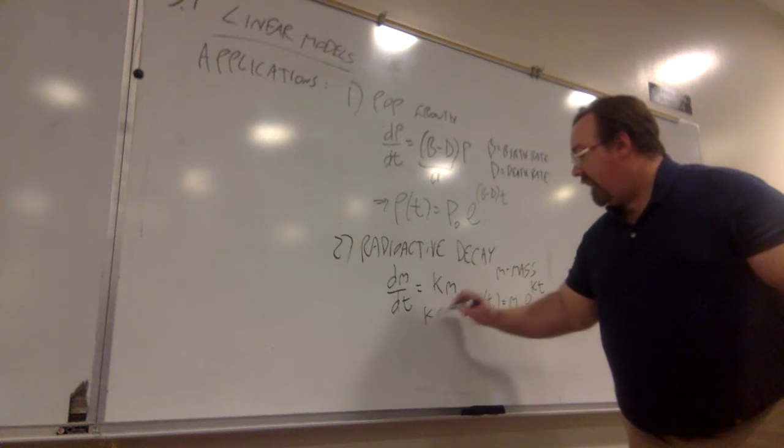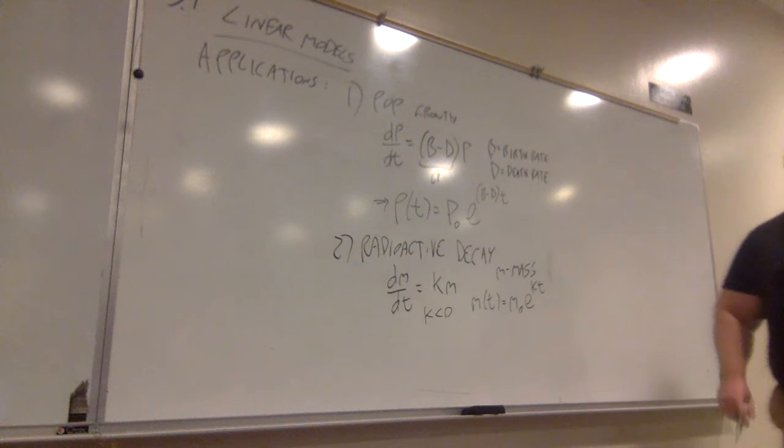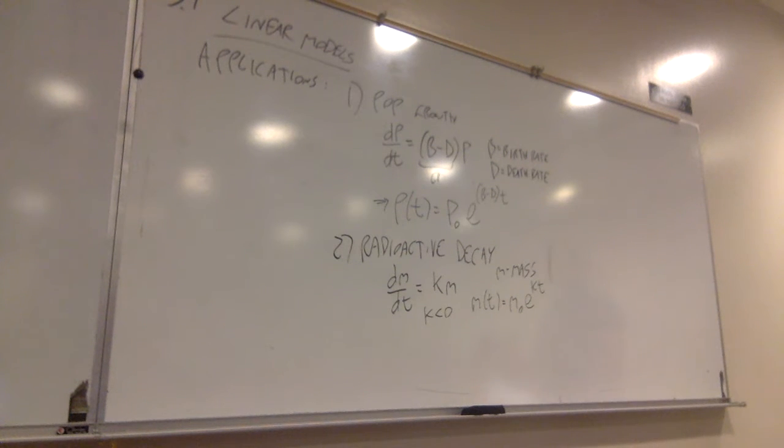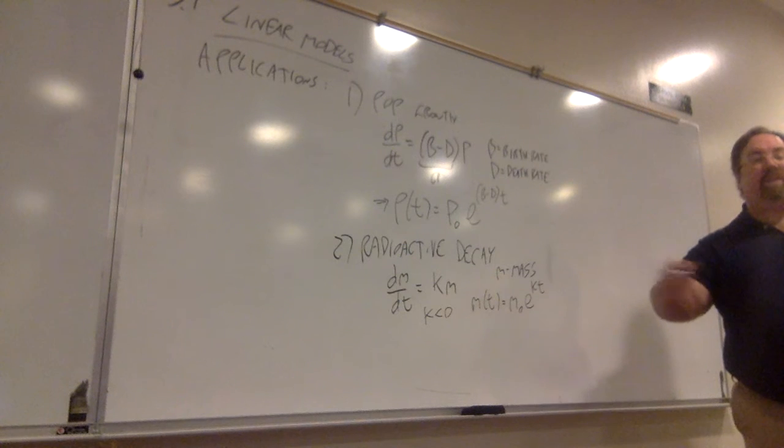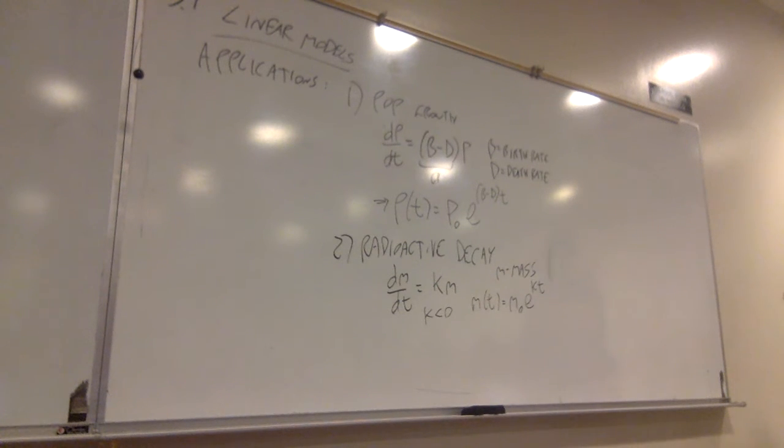So k is going to be negative, since the substance is going to be decaying, it's going to lose mass over time. I'll show one of the examples later: if you know the half-life of the substance, like a period of years, for instance, then we could use that to figure out what k is, get a value for it, and then from there figure out how much of the substance will be remaining at any time.